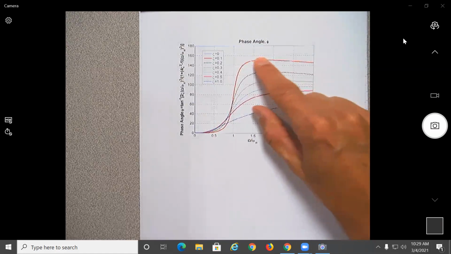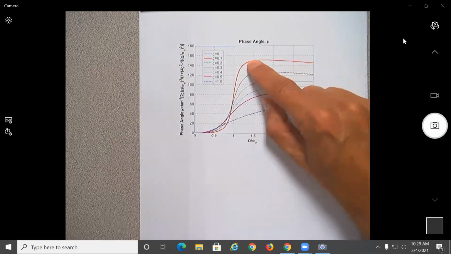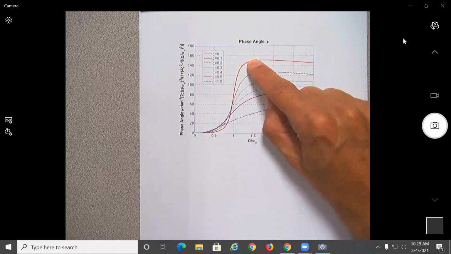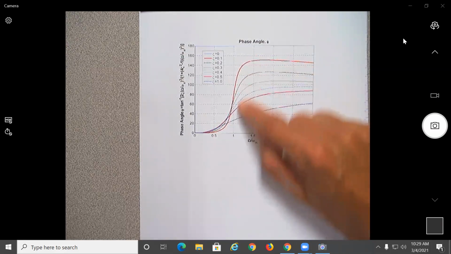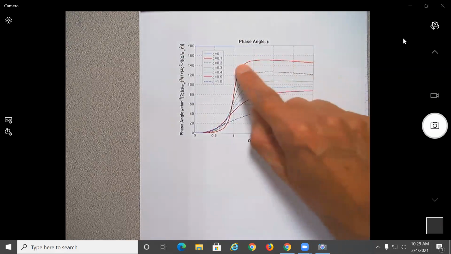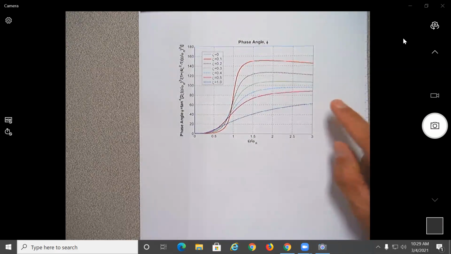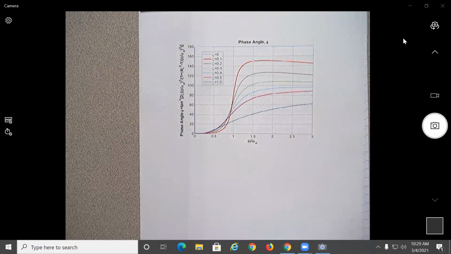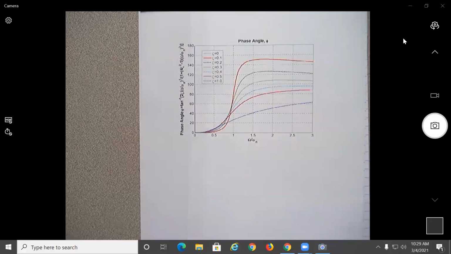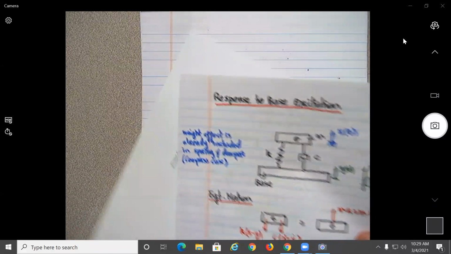And as soon as you move past the ratio of square root of 2, which is the 1 point something here, no? It flattens out, no? Because at that time the response will be stable, no? Okay. All right, so this will also go to the class notes.